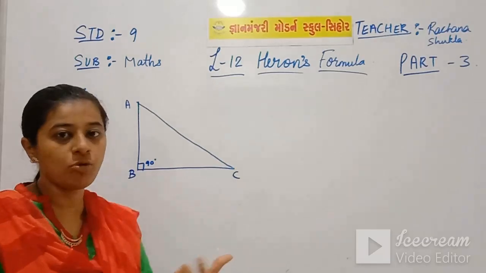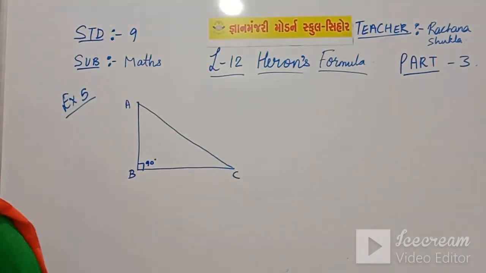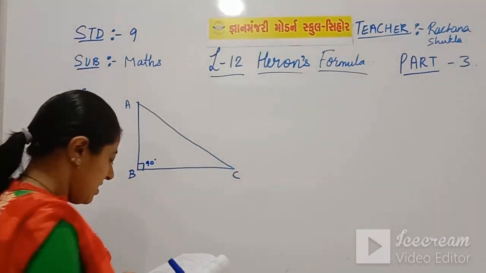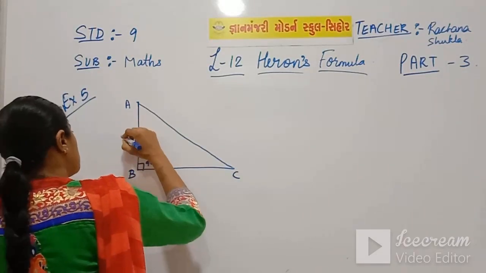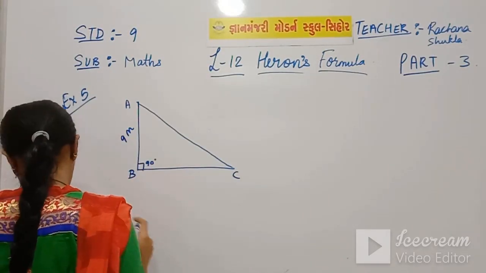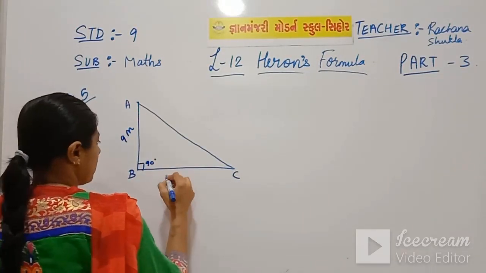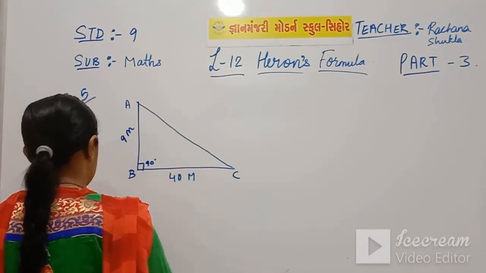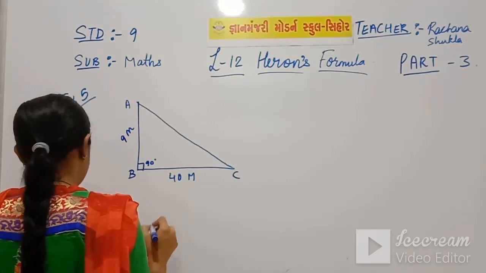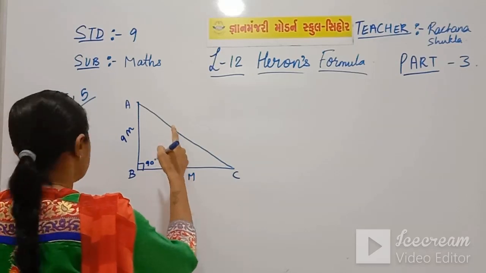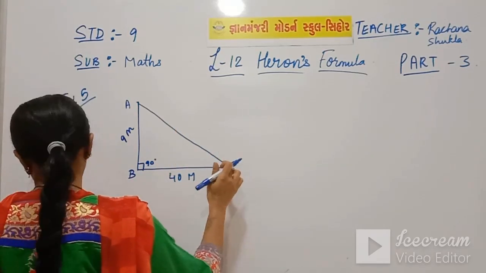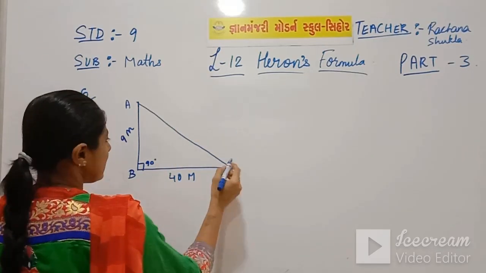Now we will write down the measurements given in the textbook. That is, AB is 9 meter. So this is 9 meter. BC is 40 meter. This is 40 meter. CD is 15 meter. Where is CD? You have to draw another triangle, that is CD.